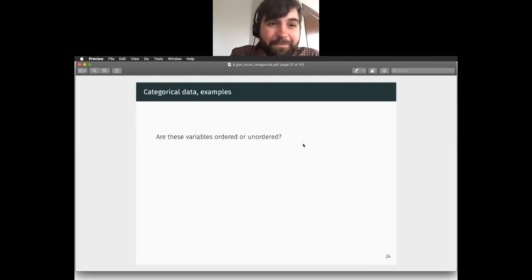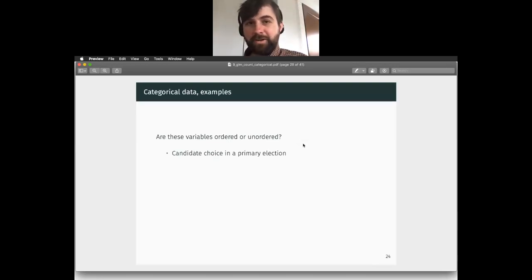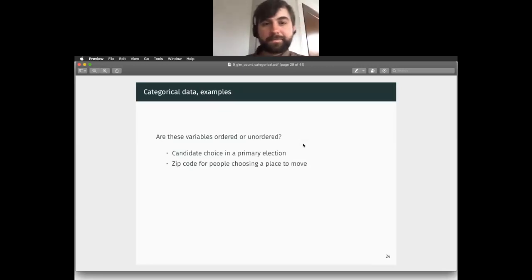Okay, so is candidate choice in a primary election ordered or unordered, right? That's unordered. Zip code of people choosing a place to move, right? That's a categorical outcome, the 10,000 or whatever zip codes. Candidate choice is a categorical variable. Cause of death is a categorical variable, right?